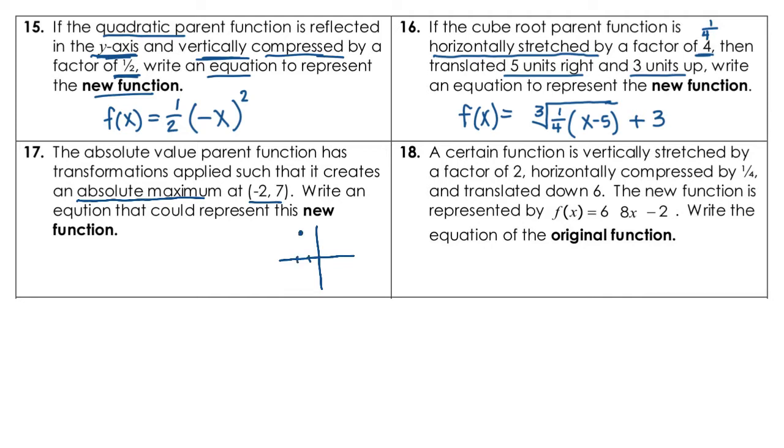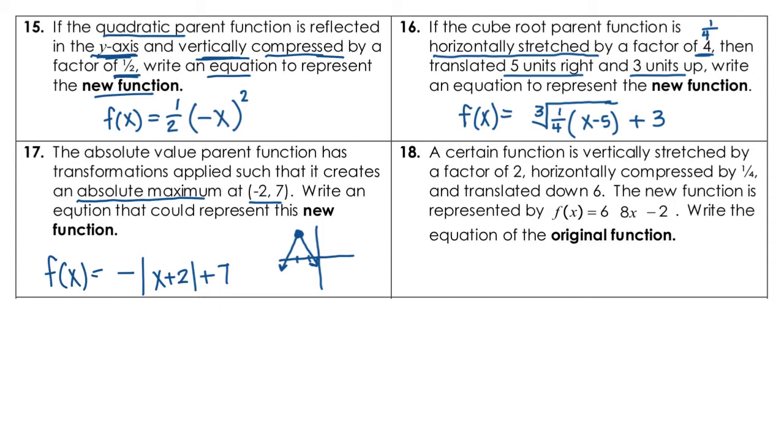And if that's a max point, then that means that our function has been flipped upside down. So that tells us quite a bit about what we need to do with our new equation. We are flipped upside down, so we have a negative absolute value. And if we translated 2 units left, we need a +2 on the inside, and then up 7 units, so +7 on the outside.